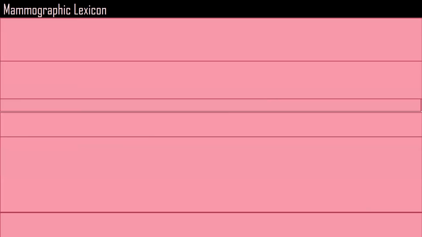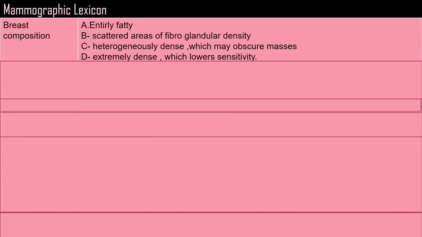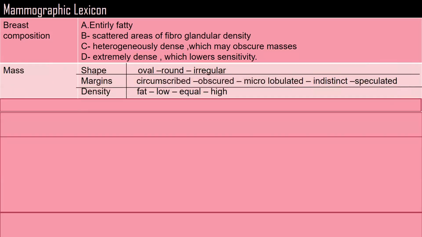Okay, so mammographic lexicons, as we described, the breast composition, and then the abnormality, including the mass. The descriptors for the mass are shape, margin, and density, and each descriptor has subcategories.